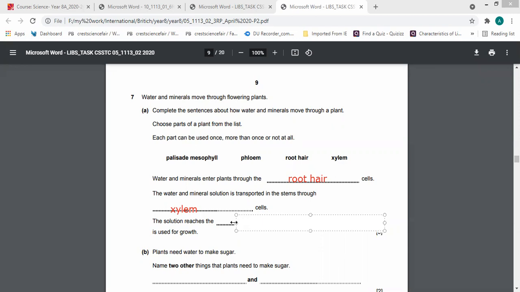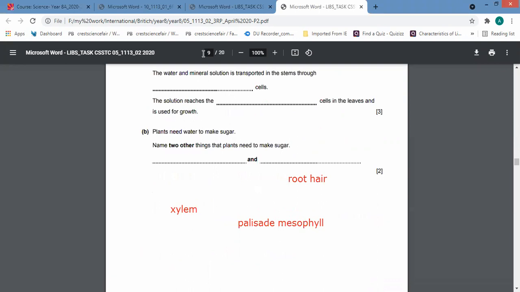Palisade mesophyll cells in leaves, and it is used for growth. Okay. Next.